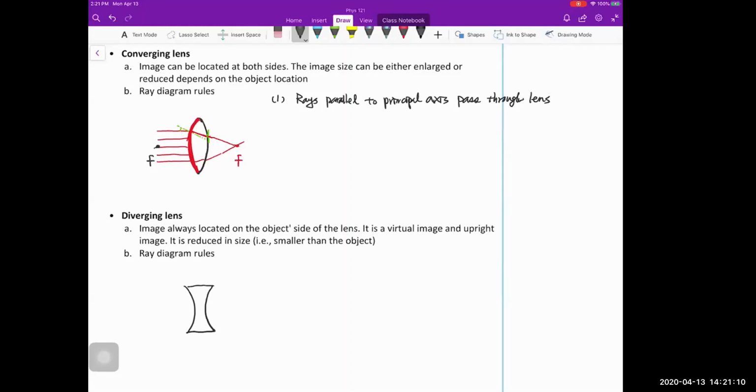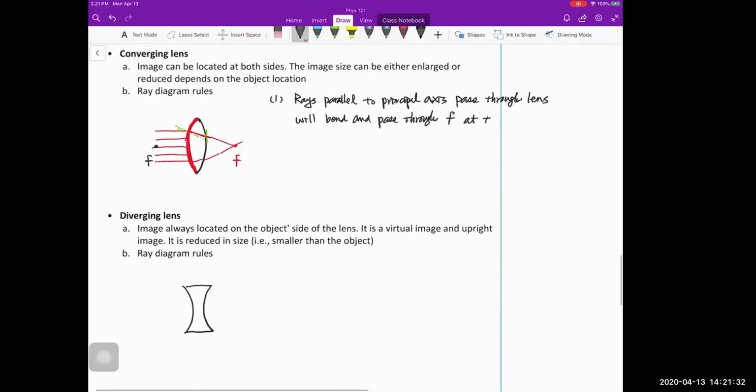It will refract, meaning it will bend, and it will pass through the F on the other side.